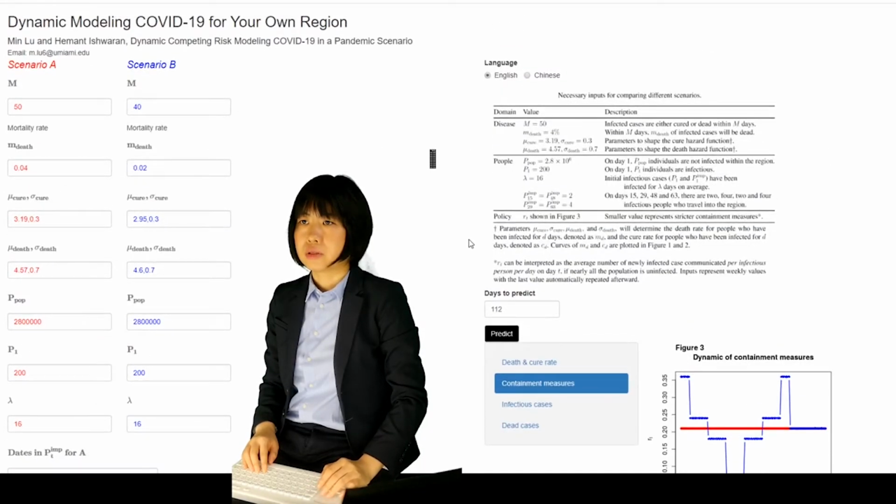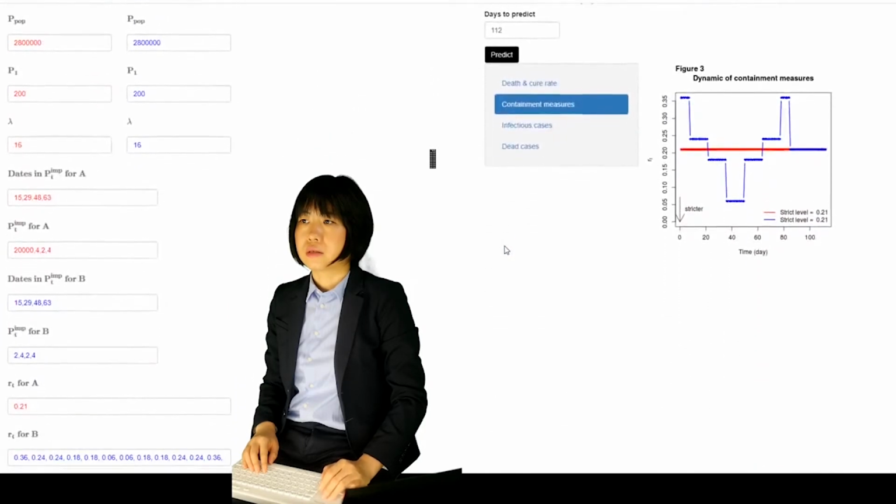The last parameter is related to containment policy. We have to input this number RT across time. Input RT here on the bottom, which will be shown on the right part here. Smaller number of RT means stricter containment measures.